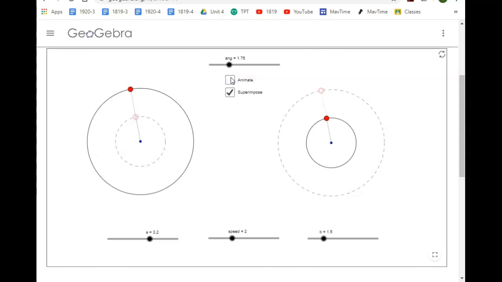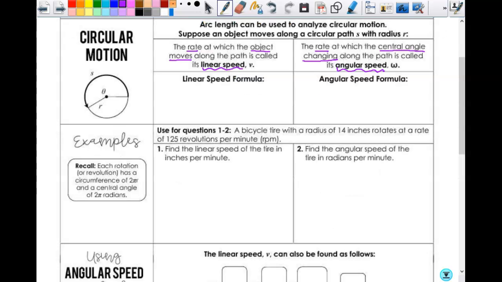Okay. So one of the linear speed formulas, I'm actually going to end up giving you two, but one of them looks like this. Velocity equals S over T, where S equals the arc length and T equals time. And then the angular speed, well, it says linear speed V for velocity, that makes sense, right?